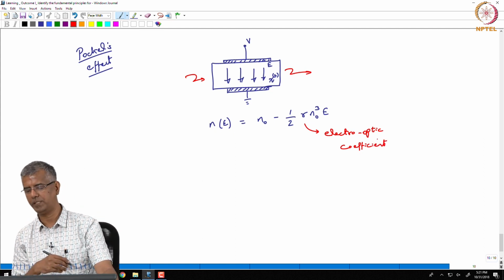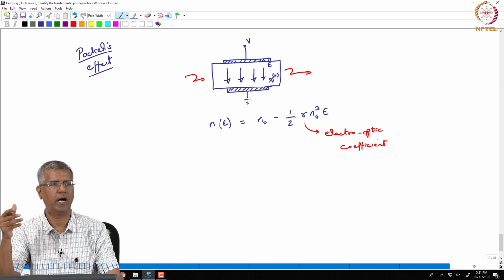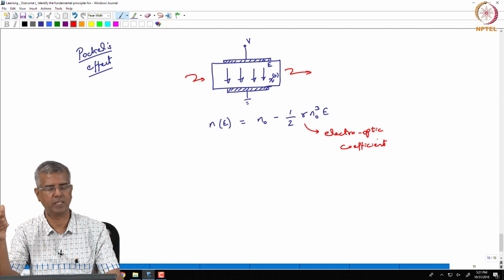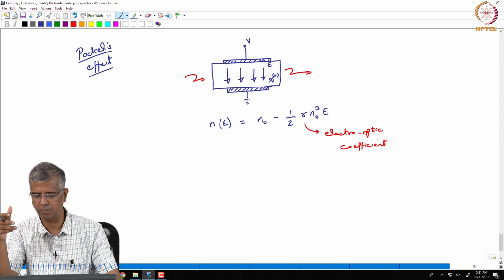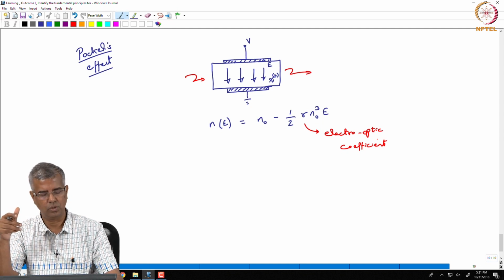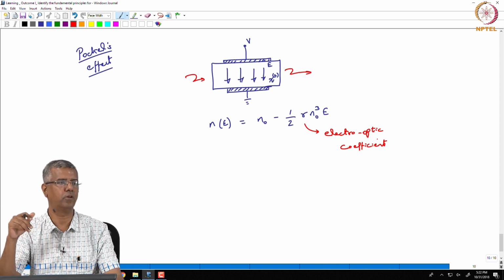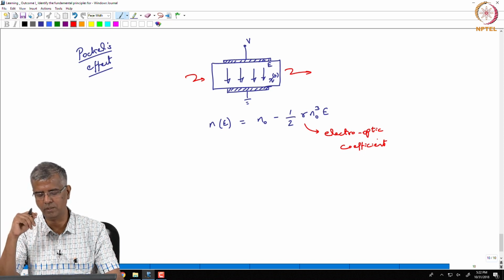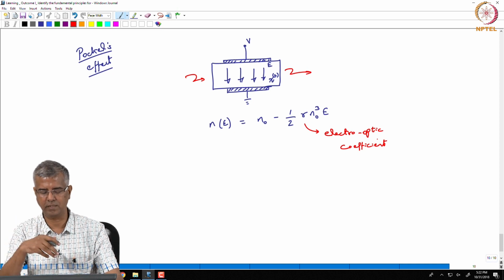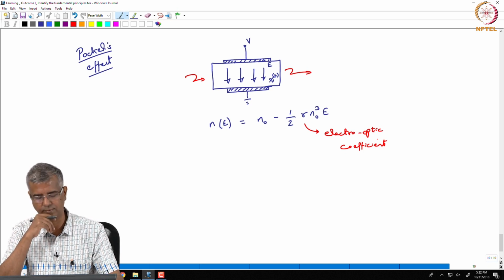That electro-optic coefficient is a slightly different form of chi2. So, R is actually proportional to chi2, the second order susceptibility. What we are saying here is that through the second order susceptibility and an applied electric field, you can change the response of the medium, such that the refractive index that this light wave sees as it propagates through the medium is changed.